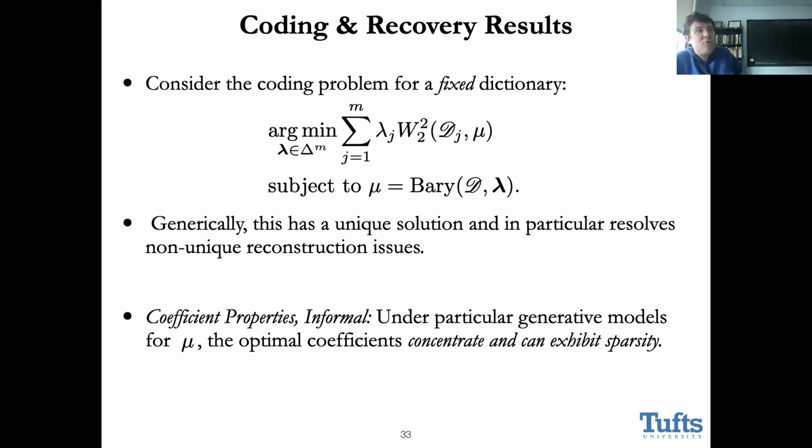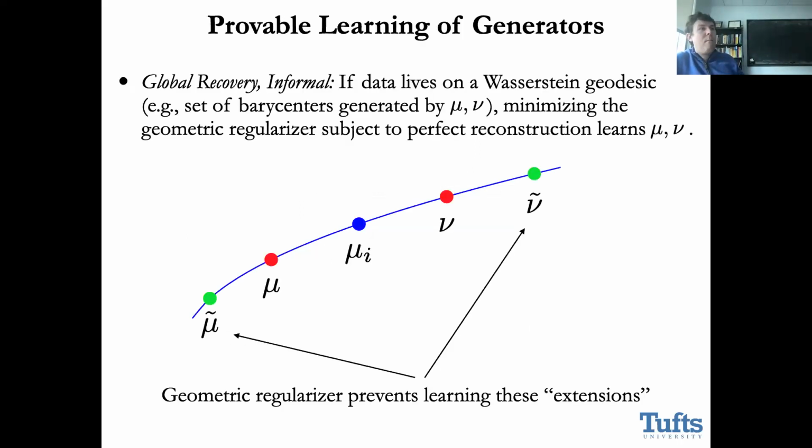And in fact, something interesting happens: if the dictionary atoms D1 through DJ have the right configuration in Wasserstein space, you can actually get sparsity and concentration to emerge in the coefficients. So not only does it solve the non-uniqueness problem, some desirable structural properties come out of the coefficients if you solve it this way.